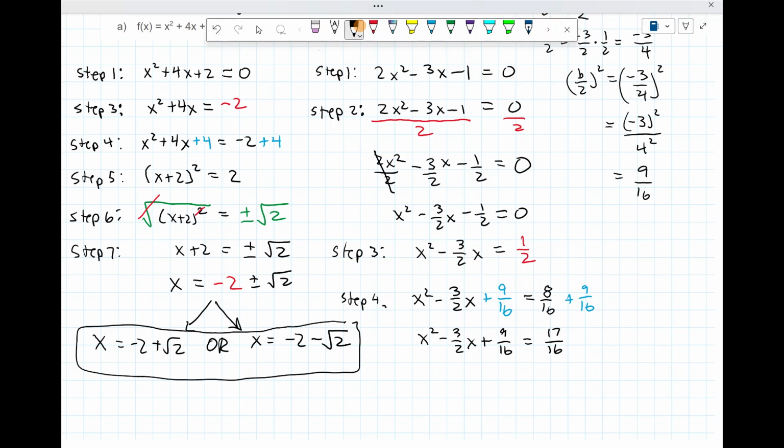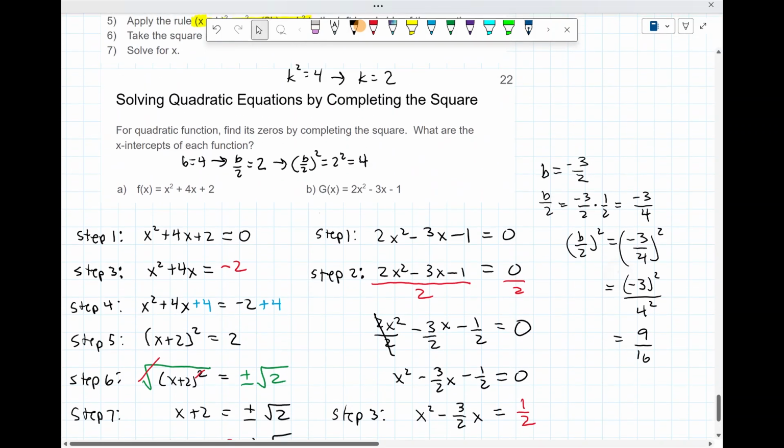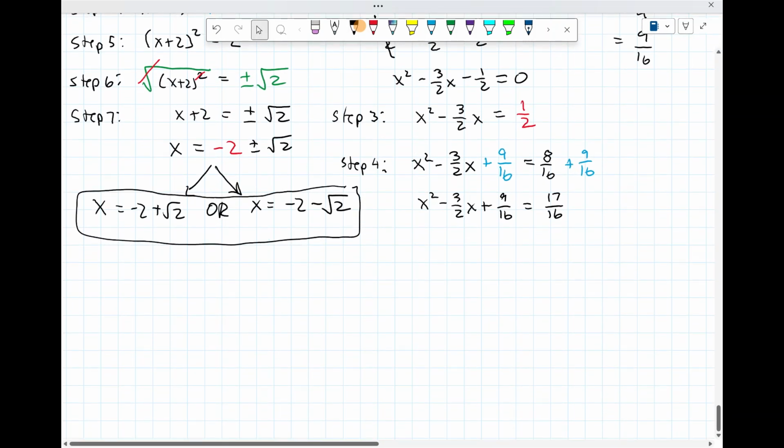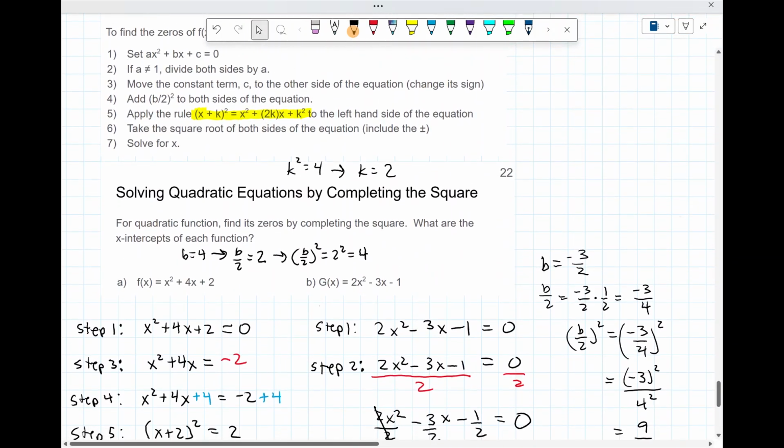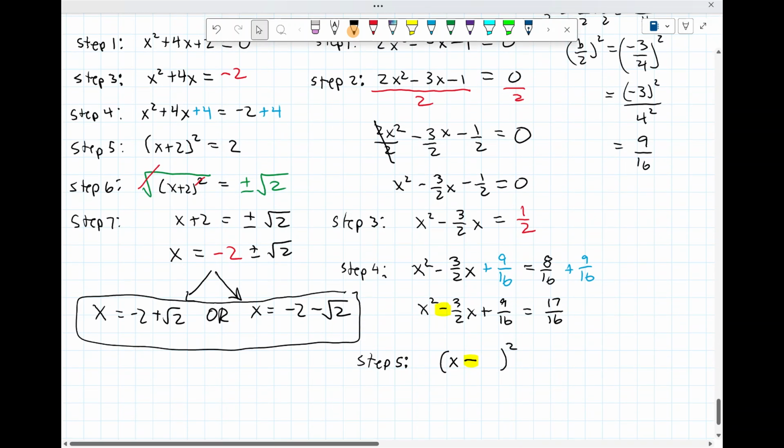And now we can get to step 5, where I'm going to express the left-hand side as x plus or minus some number squared. Now, since my x term has a negative sign, I know that this is going to be a minus. And the general rule is it'll be k squared, right?